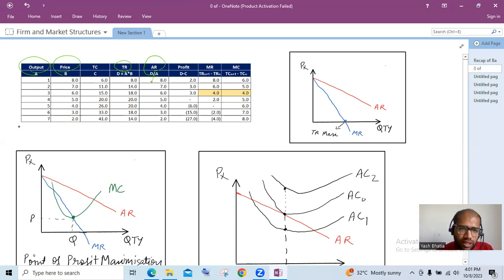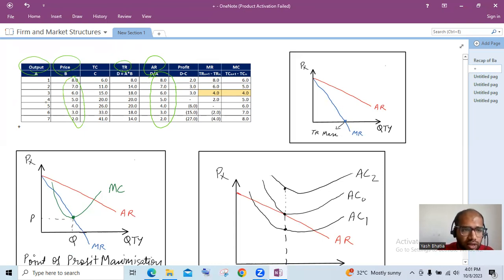If you look closely, this AR curve and this price curve are exactly the same, because the AR curve shows the average revenue at this particular price. No, I'm sorry, the AR curve is the average revenue that is demanded by the buyers at this particular price.